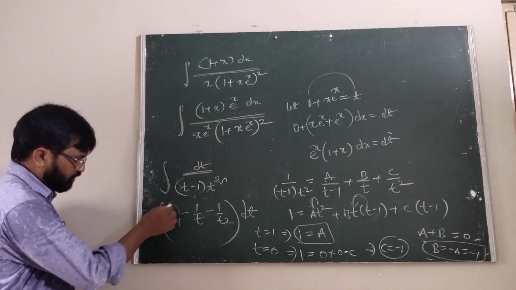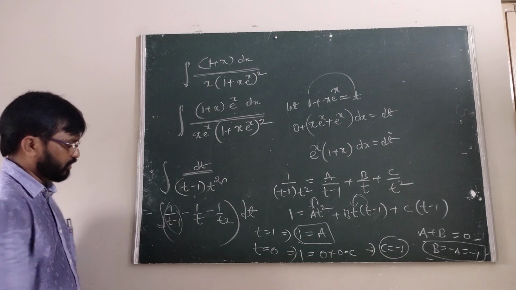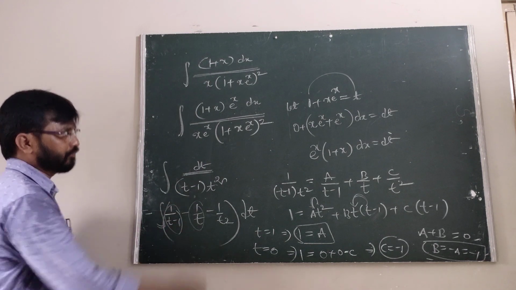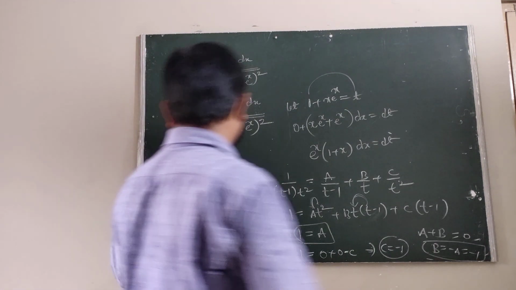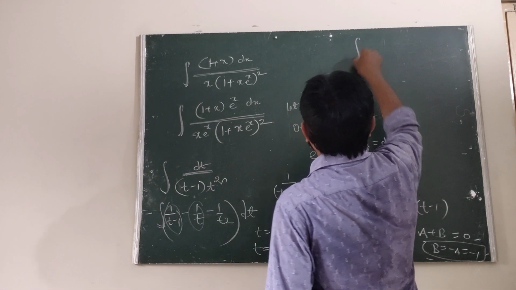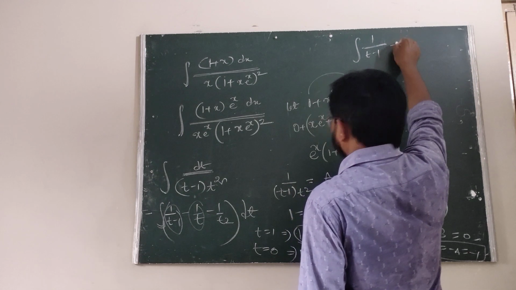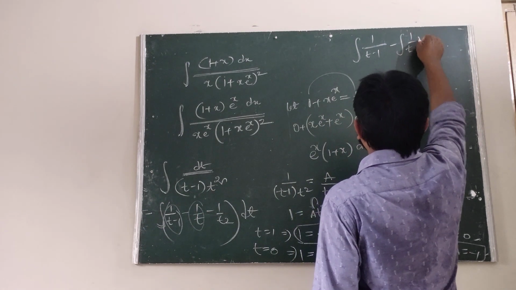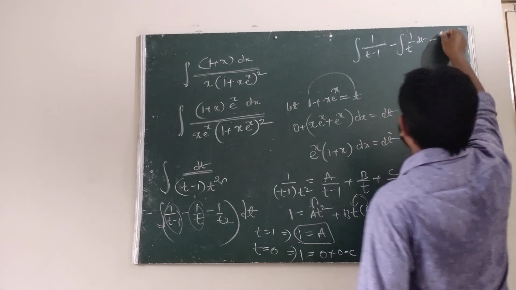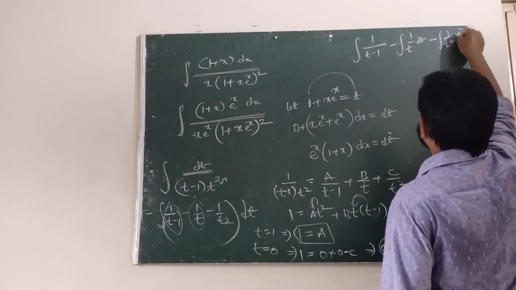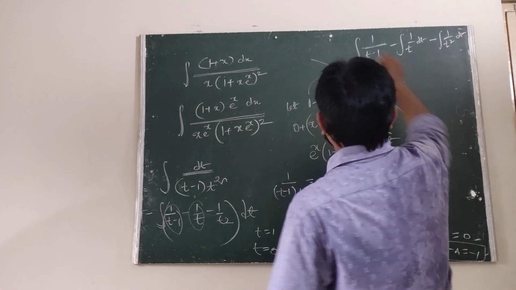Now we know the formulas of log mod of (t minus 1) and log mod of t. So we can take separate integrals: integral 1 upon (t minus 1) minus integral 1 by t dt minus integral 1 upon t square dt.